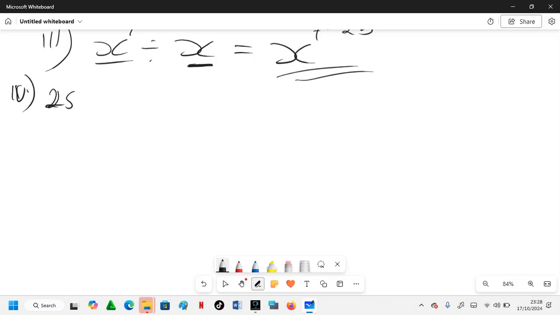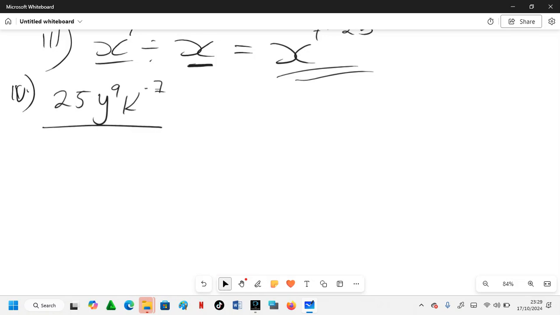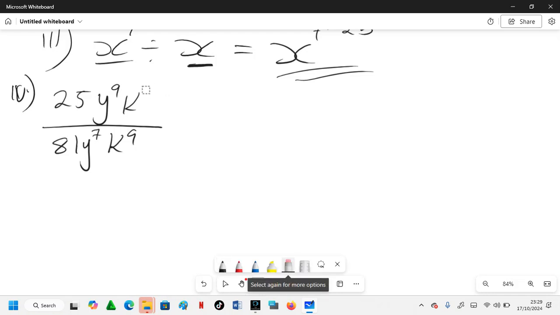25 y to the power of 9 k to the power of negative 7 over 81 y to the power of 7 k to the power of 9, right? So this is negative 7.